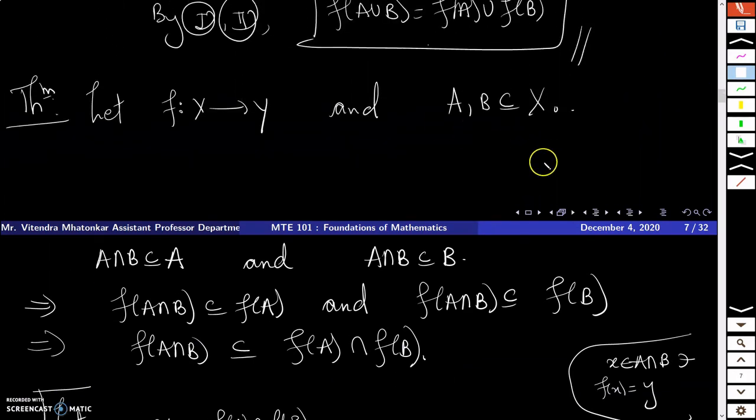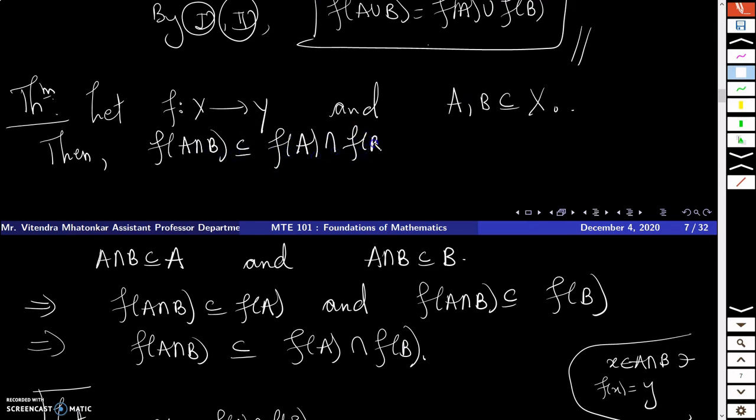So I will go back now and I can put here then f of A intersection B is a subset of f of A intersection f of B. The reverse part may not be true in general, and it will be true if and only if f is 1 1. Okay, and that is what we are going to see in the next result.